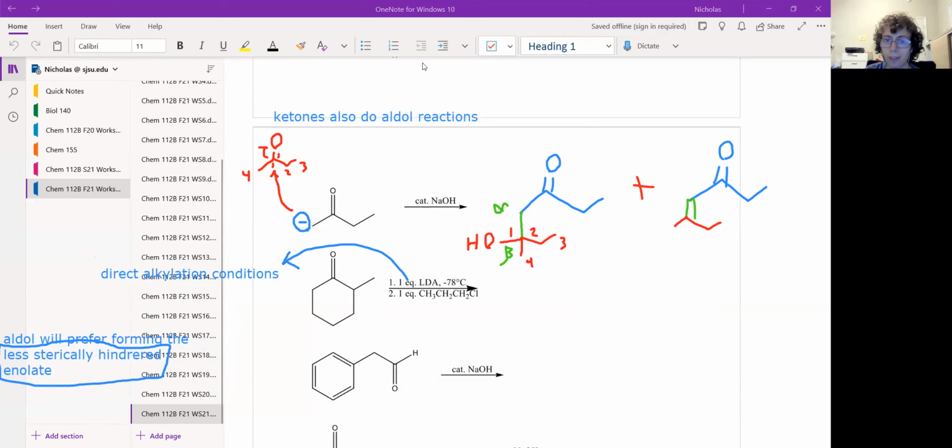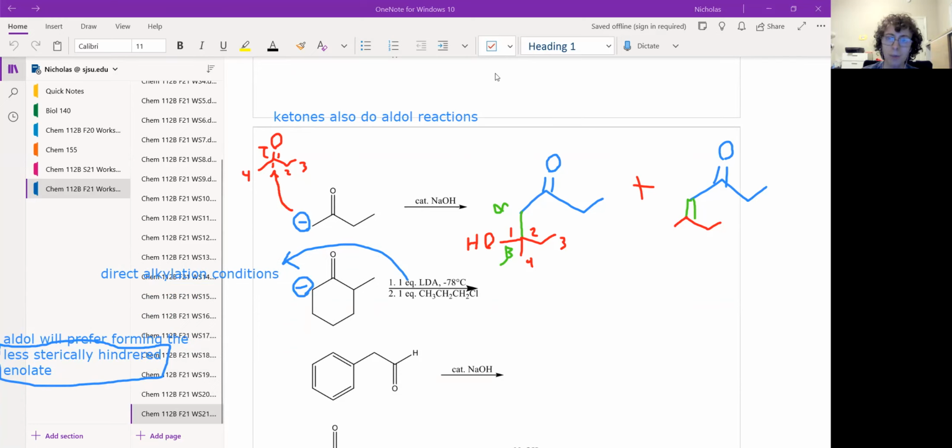So that means we're going to form an enolate. It's going to start the same way an aldol would. It's just that instead of reacting with another ketone, it will react with this alkyl group. And it's going to form on the left side here because this is the less substituted side.